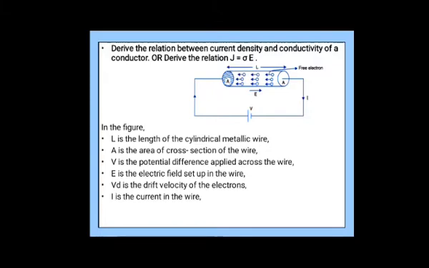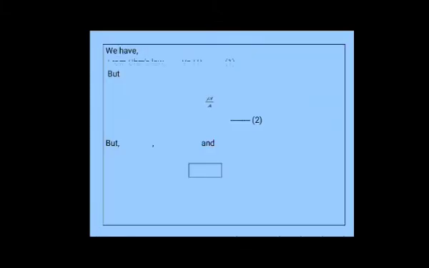Let us continue. To derive J is equal to sigma E, let us use Ohm's law. What is mathematical form of Ohm's law? V is equal to IR. Let us name it as equation 1. We know one more relation, that is R is equal to rho L divided by A. What is R here?